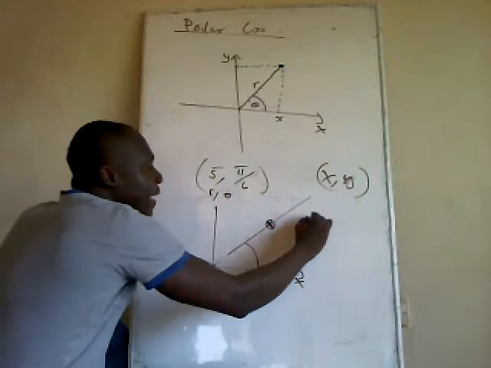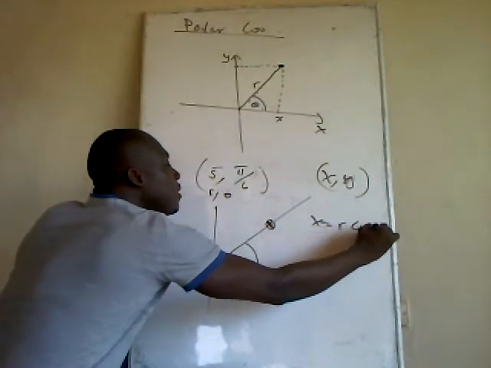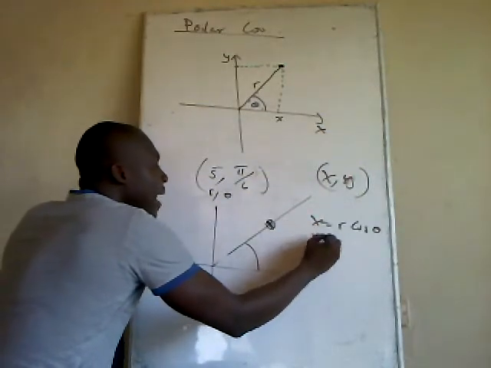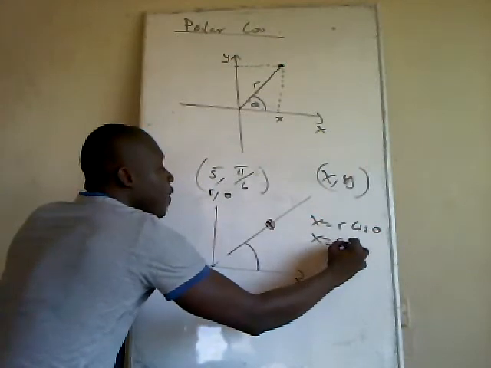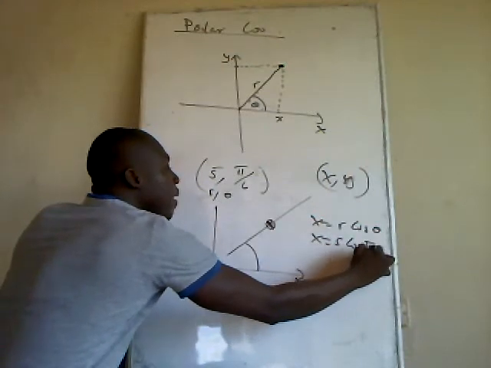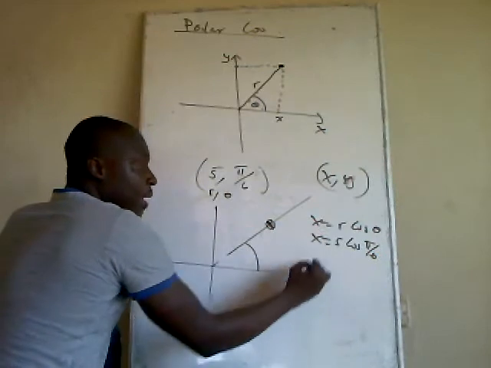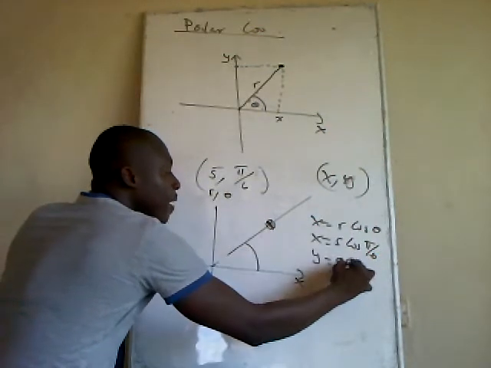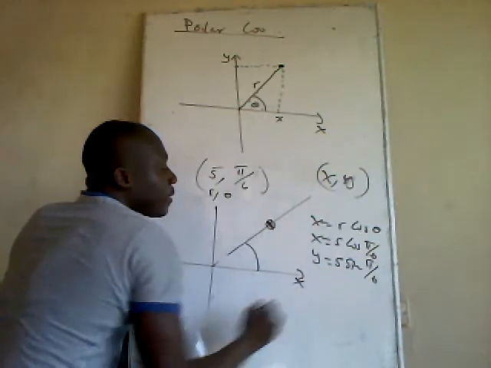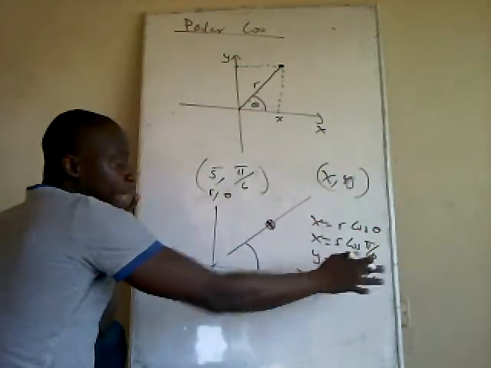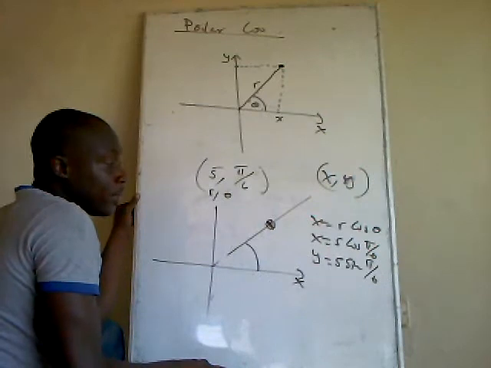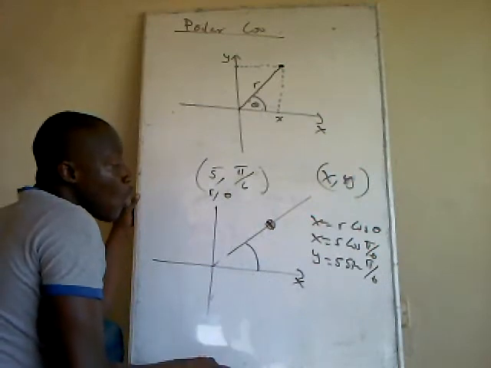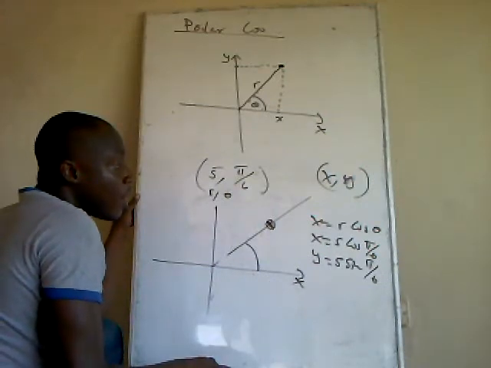We know that x is equal to r cos theta. So my x will be given by r, which is 5, times the cos of the angle pi on 6, and y will be given by 5 times the sine of the angle pi on 6. If you're able to compute that, then we would have our x and y.